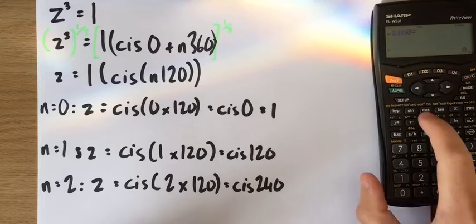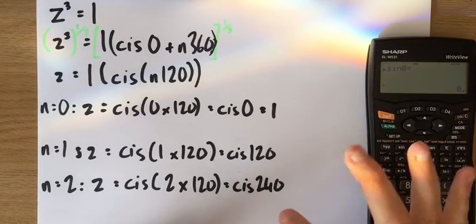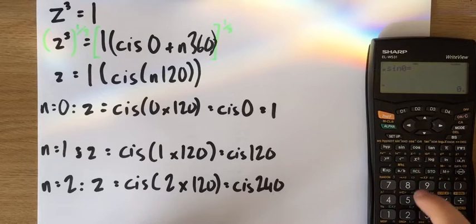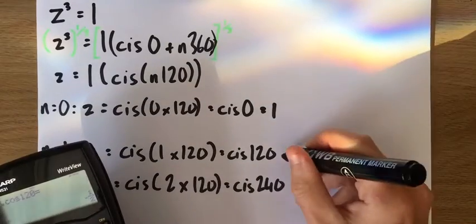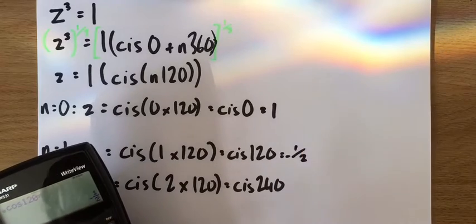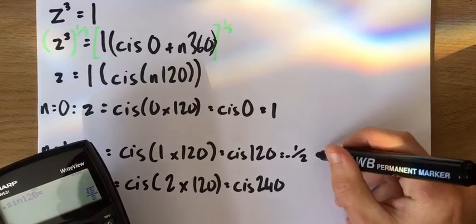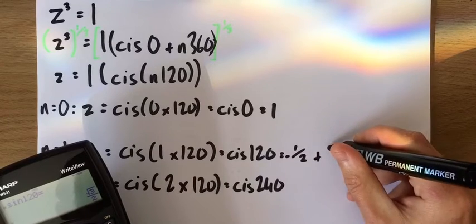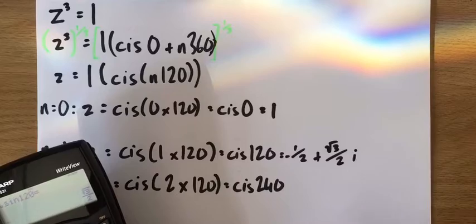The next one, the cis of 120, is the cos of 120 plus i sine 120. So cos of 120 is minus a half, and then the sine of 120 is root 3 over 2, so plus root 3 over 2 i.